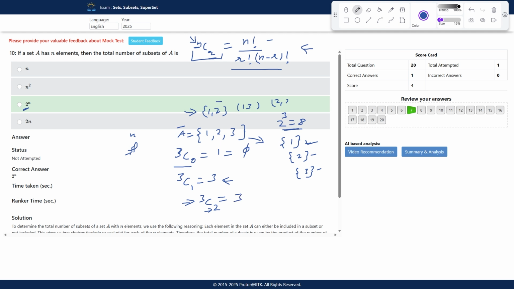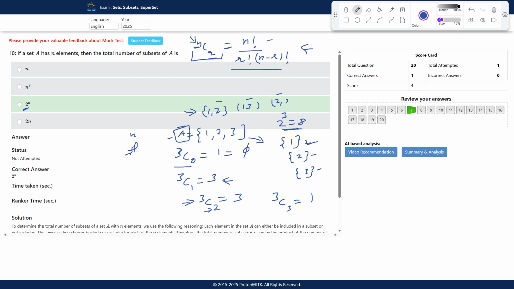So again you are getting 3 subsets in which you have exactly 2 elements. Now you are constructing a subset of A which consists of exactly 3 elements. So exactly 3, number of ways, only 1. So you are going to have only one subset of A in which you have exactly 3 elements. So the set will be your A set itself.